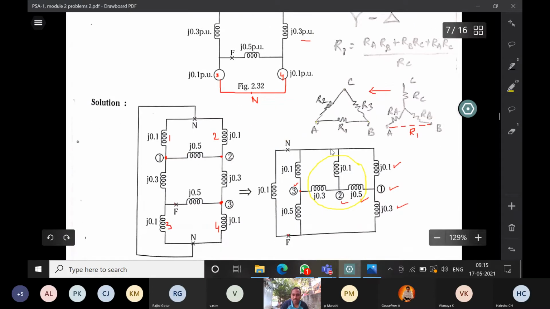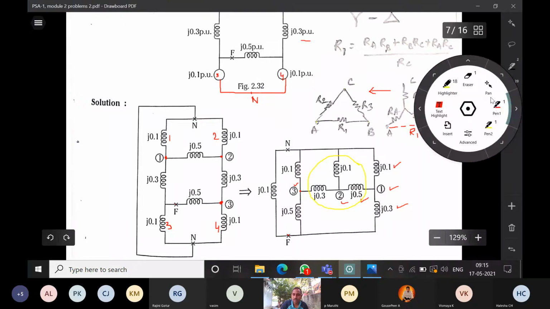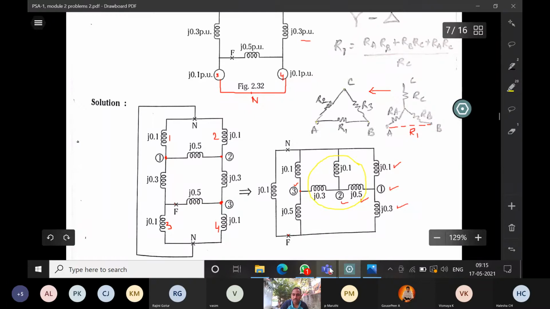By using star delta conversion, convert these three things. What are these things? Star, point 1, point 3 and point 5. So convert to delta. So how to convert to delta here?